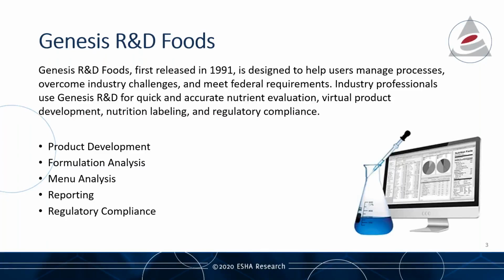Today we're working with Genesis R&D Foods, which was introduced in 1991 to address formula and analysis needs and compliance with the NLEA labeling regulations. Over the years, Genesis has experienced continued development and expanded labeling capabilities to Canada, Mexico, and EU formats, and US restaurant and food service labeling as well. We continue to adapt the software to changing regulations and additional options that the governing entities allow and clarify. So keep current with the software, it keeps you current with the regulations.